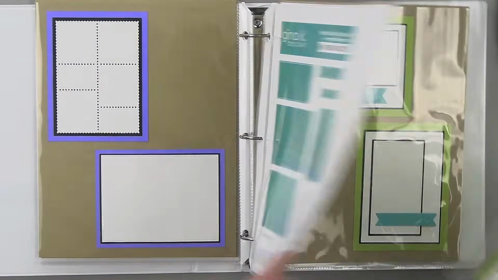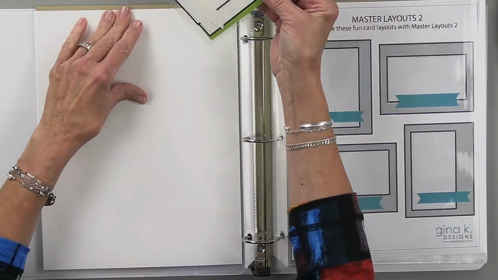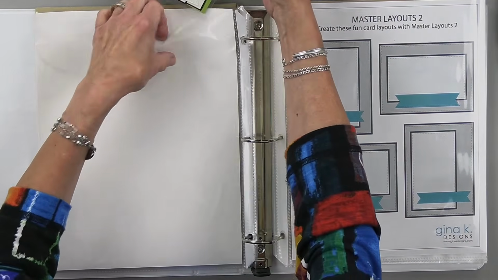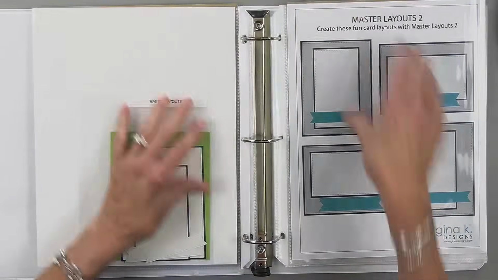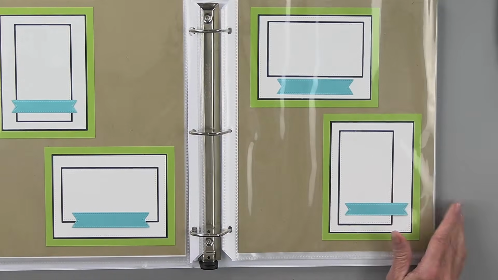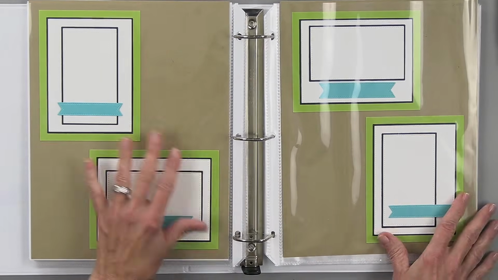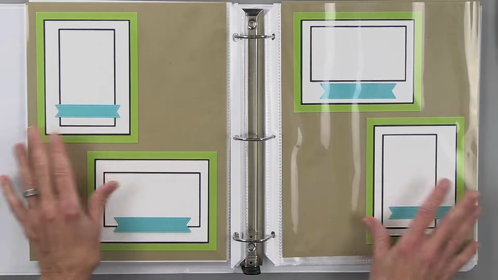All right, let me put this away because I'm not going to be needing this today. I already kind of know what I want to make, and I'm going to just use the Try Me section of my cards. First of all, I want to explain which Master Layouts work with Master Layouts 2.